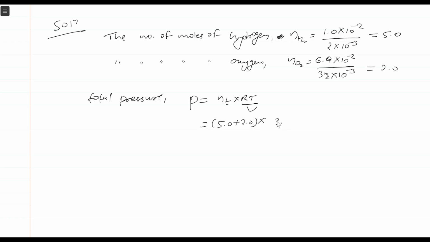That is 8.314 Newton meter per Kelvin per mole. So in this unit system, the value of R is this much.